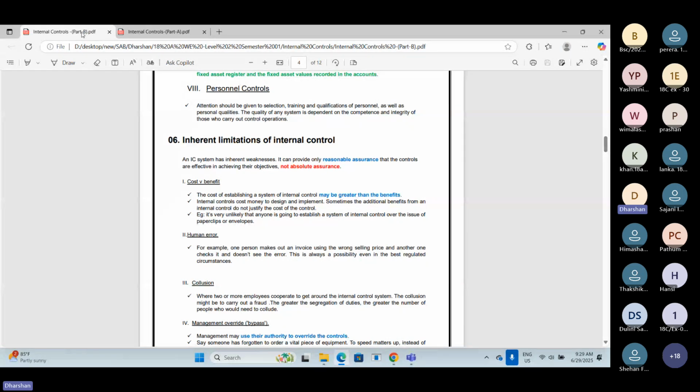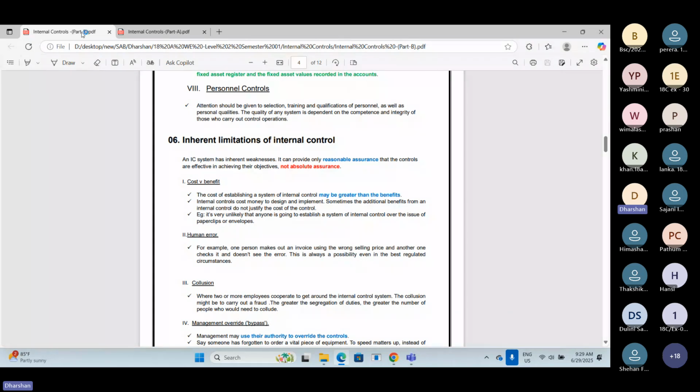When it comes to envelope and stapler pin purchase and consumption, implementing controls will incur some cost. After incurring some cost and implementing the controls, the question is whether that control will give an incremental benefit to the company or not.